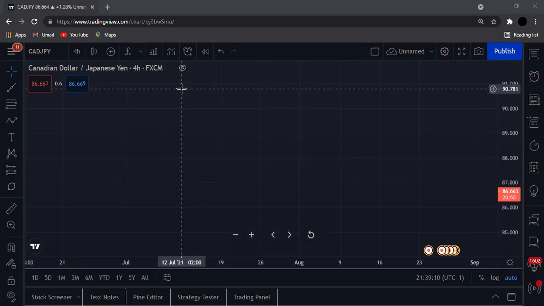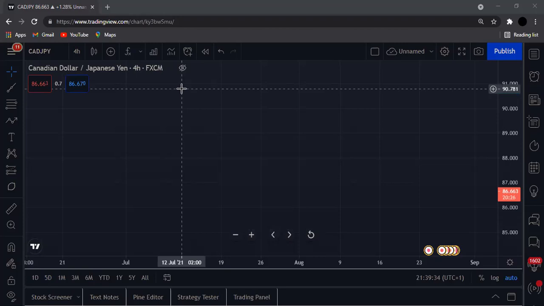So that's for analysis. The first thing you should do when you open your charts is top-down analysis. When you want to analyze the markets, you don't just go to the 1 minute or 1 hour and pick your decision based on that.